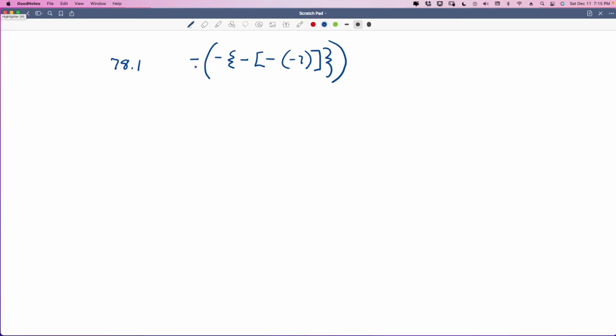When we have pairs of opposites, they cancel each other out. So that means if we have an even number of opposite or -1s, then they don't count. They disappear.